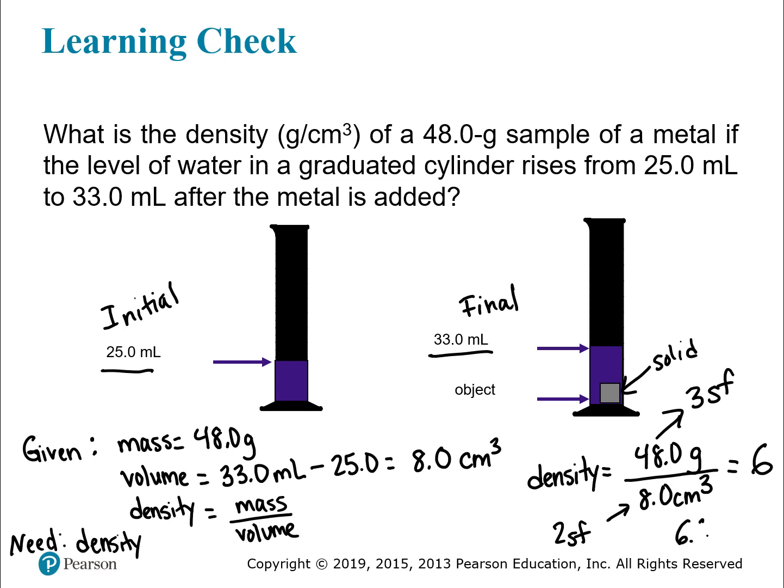So we need to add one placeholder 0 like that with a decimal to give us 2 sig figs. And then grams per centimeter cubed as our units. So remember, when you add that decimal point and the 0, it is measured. So that gives us 2 sig figs.